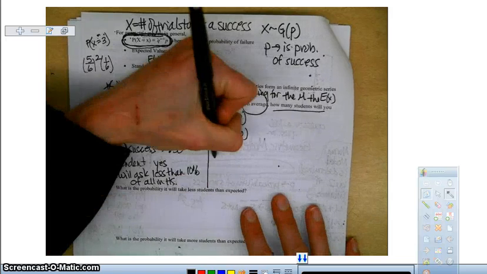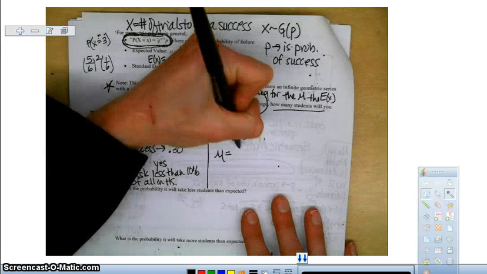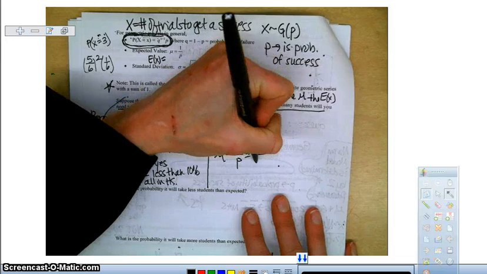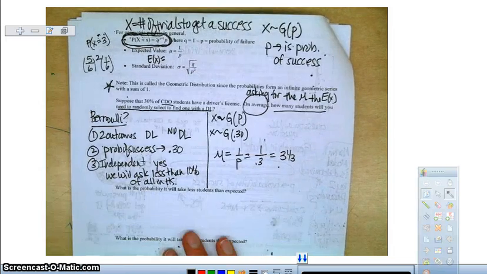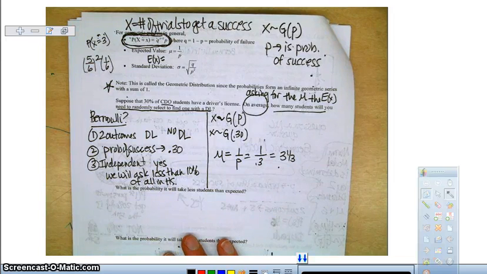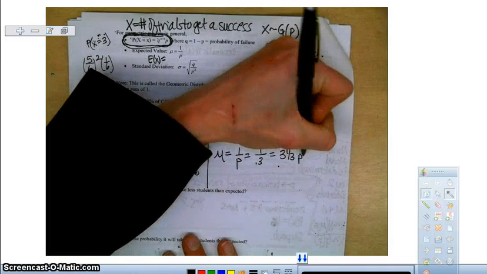So what's the formula for the expected value for the geometric model? 1 over P, and P was 0.3, so 1 divided by 0.3 is 3 1/3. Or 3.3 repeating, but 3 1/3 is a nicer way to write 3.3 repeating. And so 3 1/3 people.